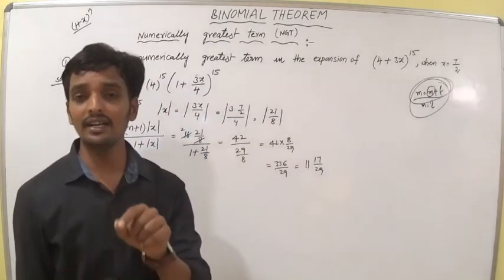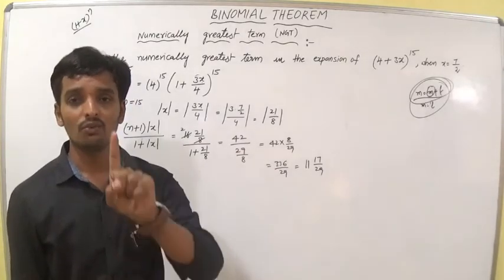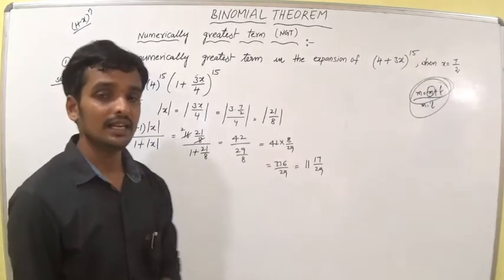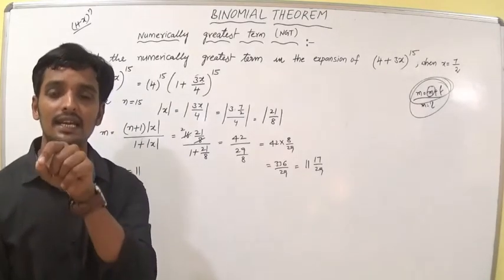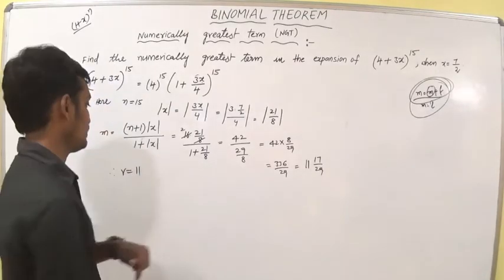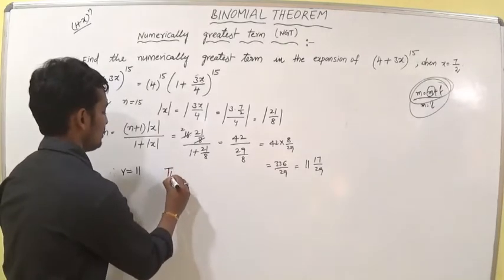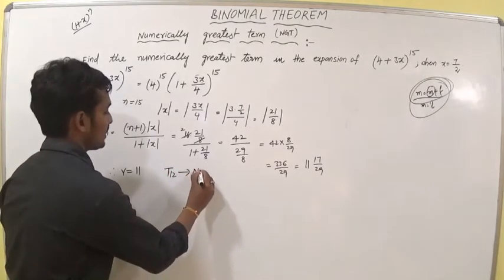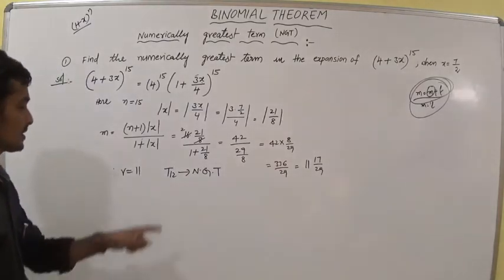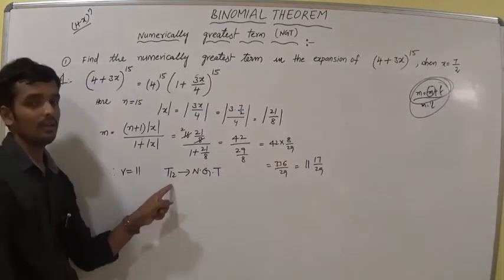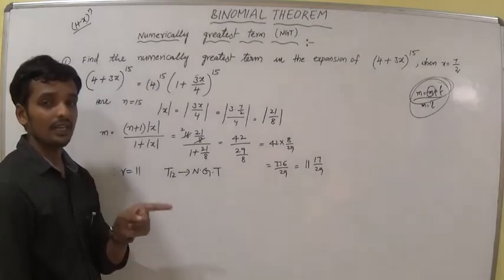In the not an integer case, we are having only one case, that is t of the greatest value of m plus 1 is the numerically greatest term. That means t12 is the numerically greatest term. Did you understand? Why did you get t12? T12 means t m plus 1.